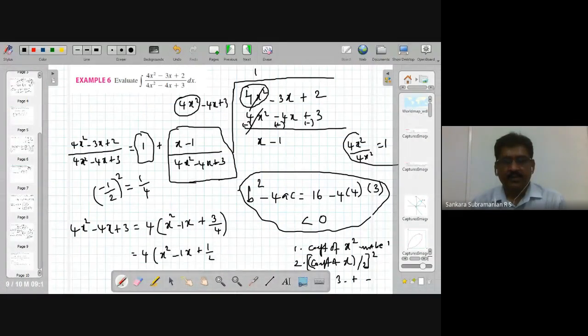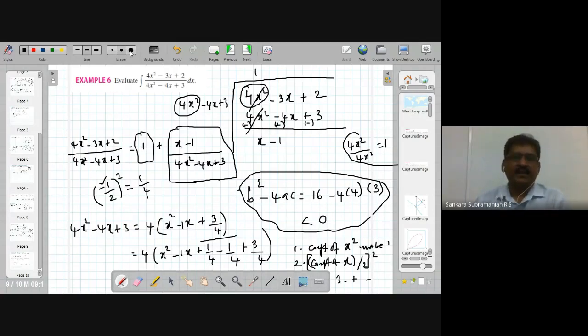Plus 1/4 minus 1/4 plus ஏற்கனவே ஒரு 3/4 இருக்கு. நான் திருப்பி சொல்றேன். coefficient of x என்னன்னு பாருங்க. -1 divided by 2. டிவைட் பண்ணியாச்சு. ஸ்கொயர் பண்ணிருங்க சார். என்ன வருது? 1/4. அதை ஆட் பண்ணி subtract பண்ணுங்க.